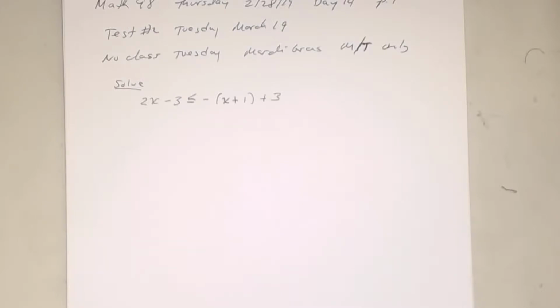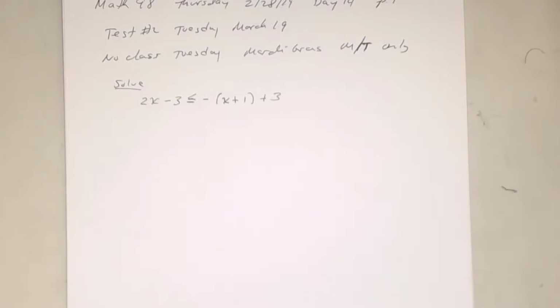Now notice, this is an inequality. It's not an equation, it's not an expression, although it's made up of expressions, but it's an inequality. And so when you solve this inequality, what's the first thing you're going to do here?